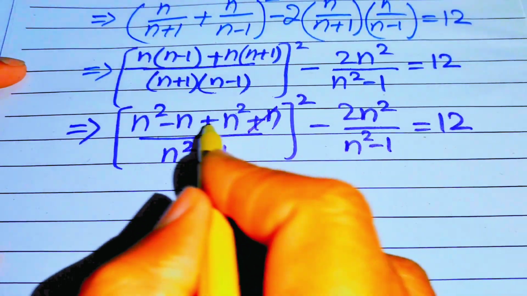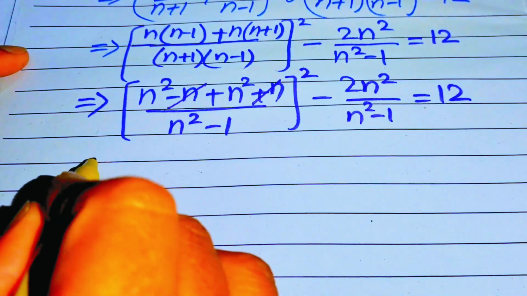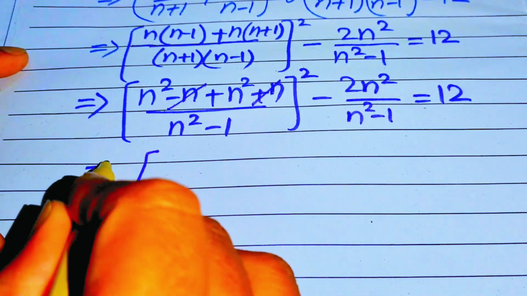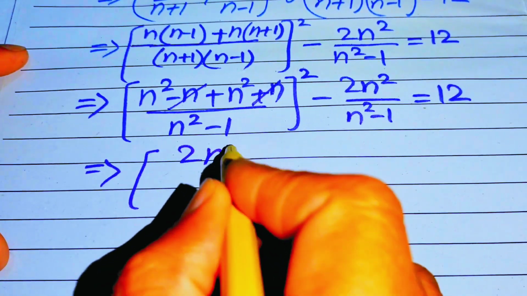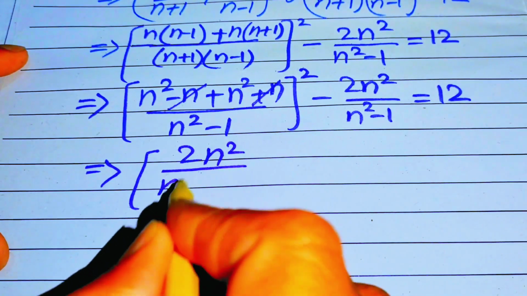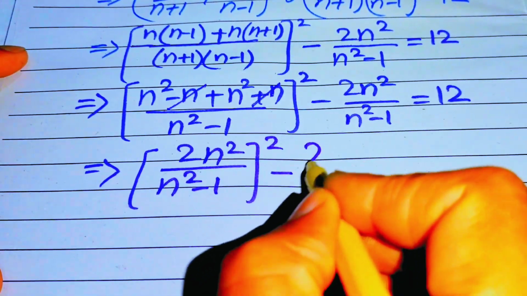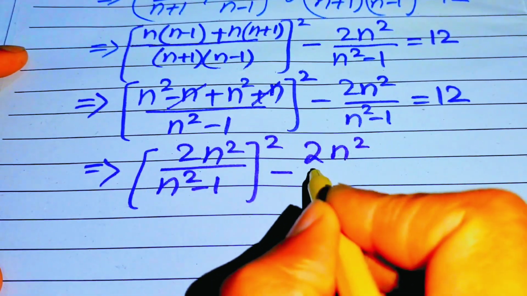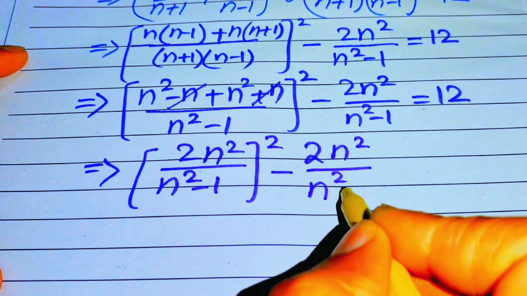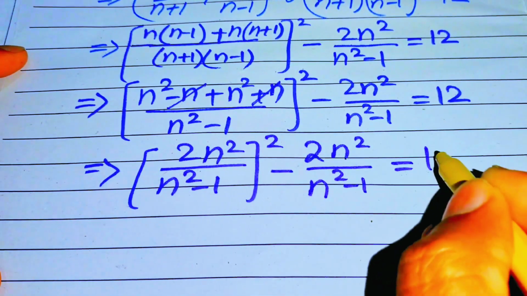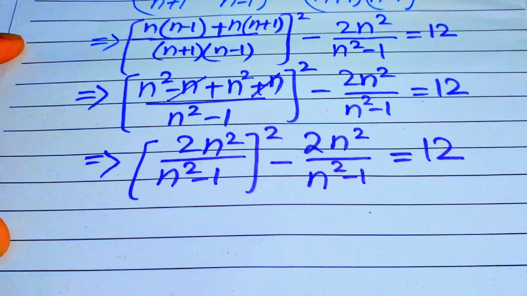So here you see that this plus n and minus n are cancelled by each other, and we get (2 times n square divided by n square minus 1) whole square minus 2 times n square divided by n square minus 1, and this whole equals 12.